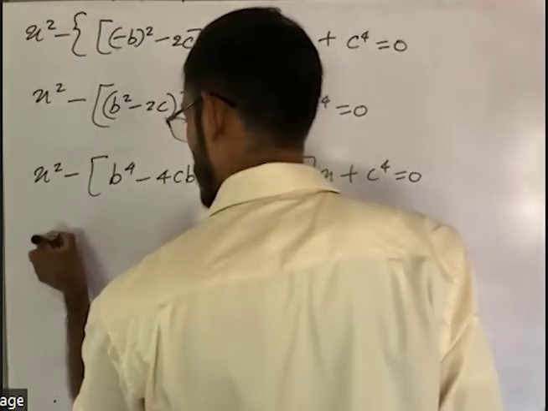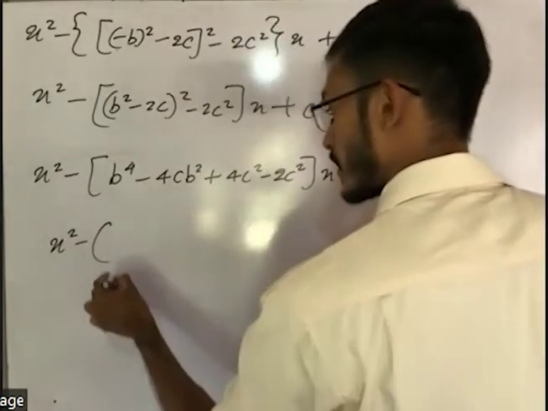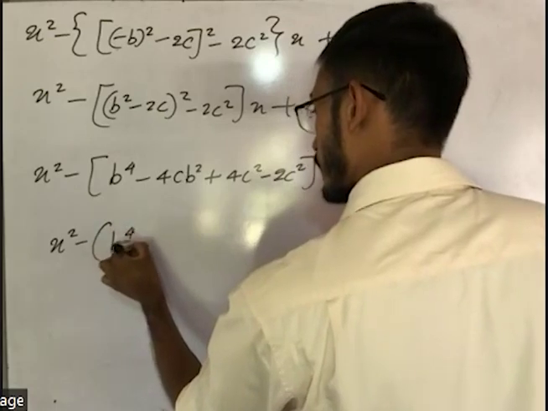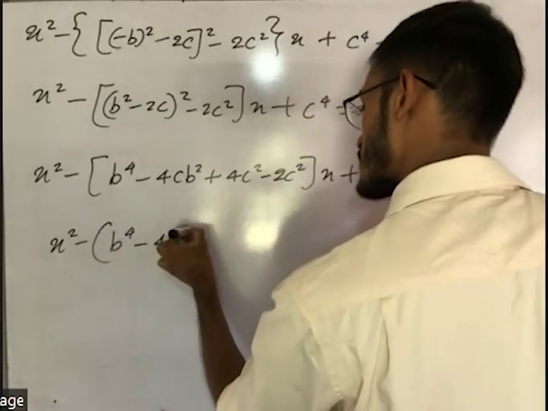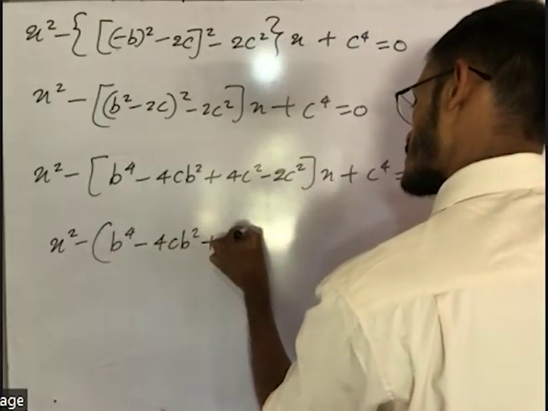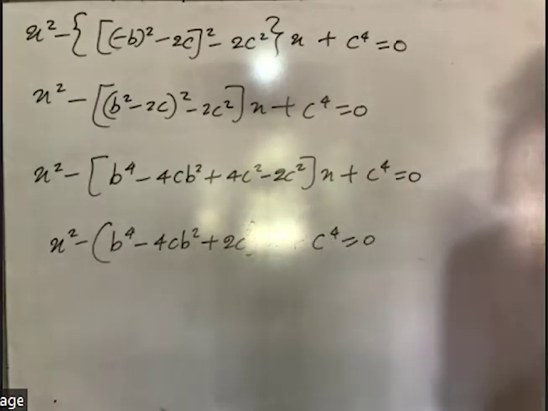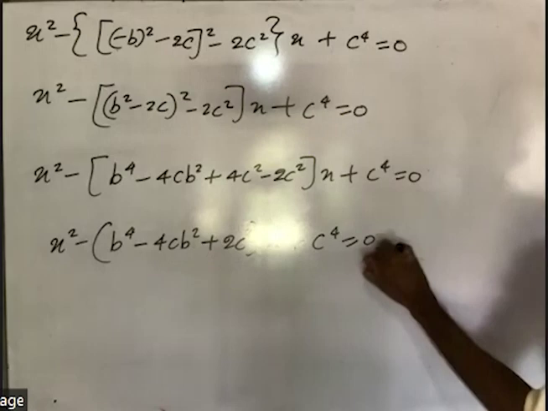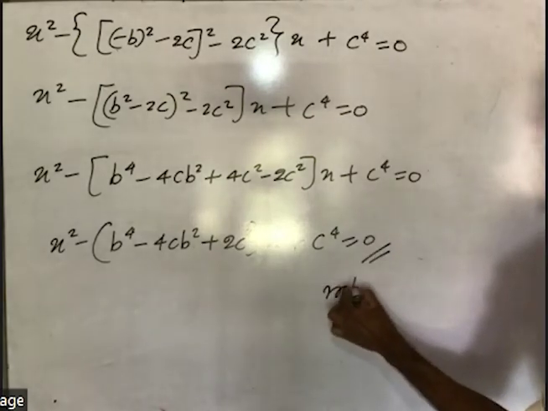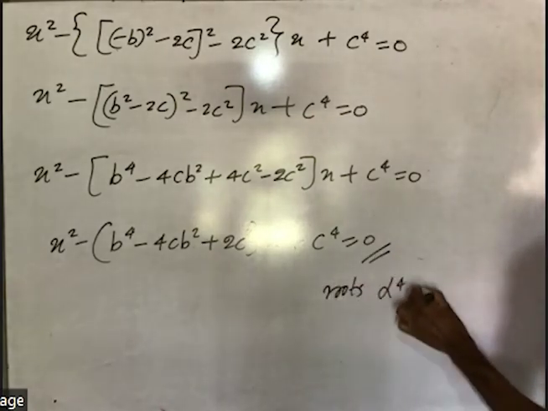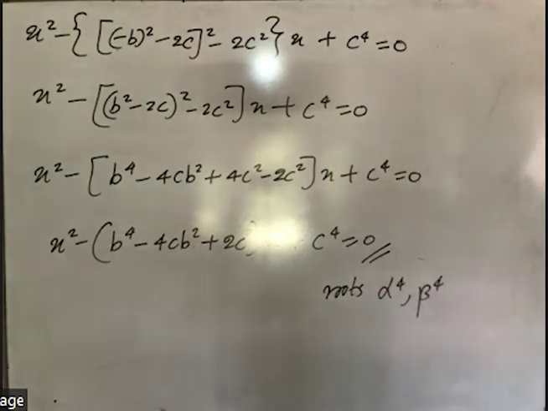Therefore, we can write x square minus b to the power 4 minus 4cb square plus 2c square, into x, plus c to the power 4 equal to 0. Right? So this is the equation. Here the roots are alpha to the power 4, beta to the power 4. These are the roots.